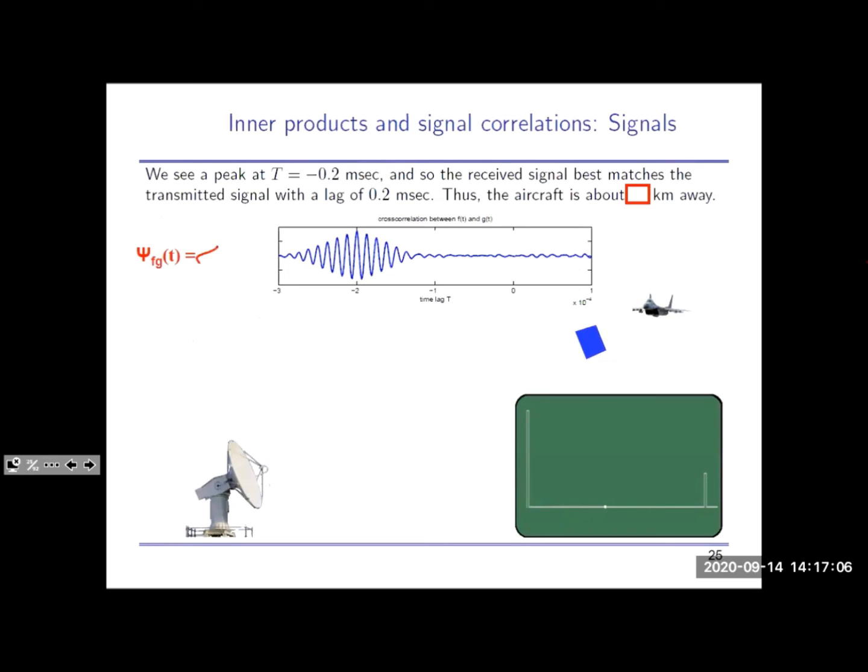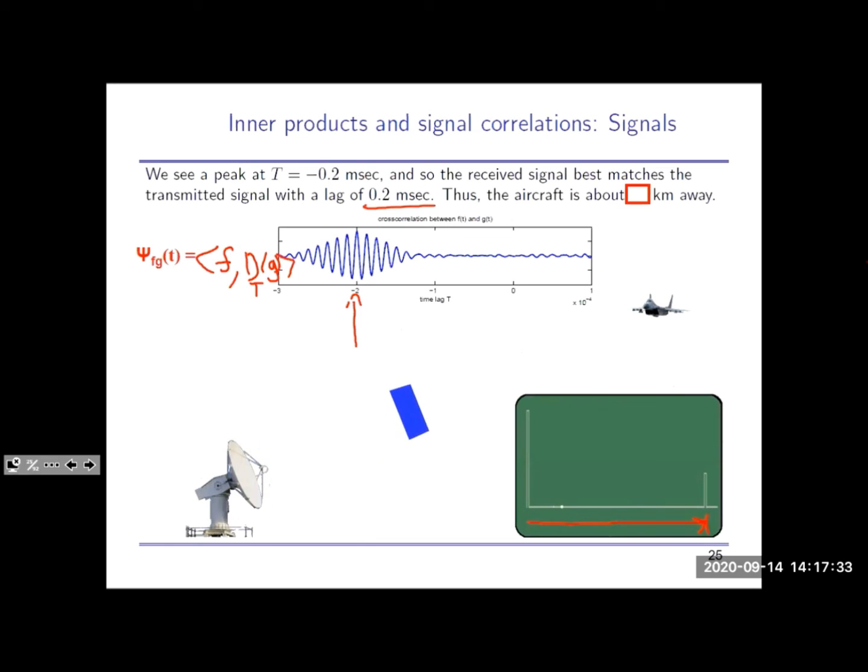So here we just find the inner product between F, the sent signal, and every possible delayed version of the received one. So we got this one, and this is the peak. So remember, this is the time, which we found is 0.2 milliseconds. That's the lag, 0.2 milliseconds.